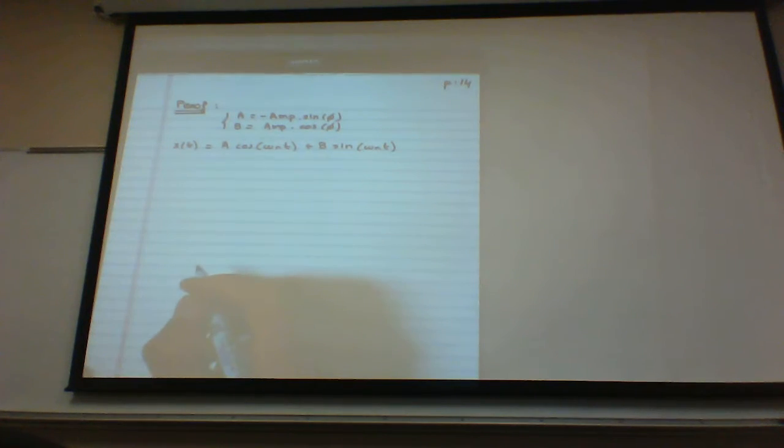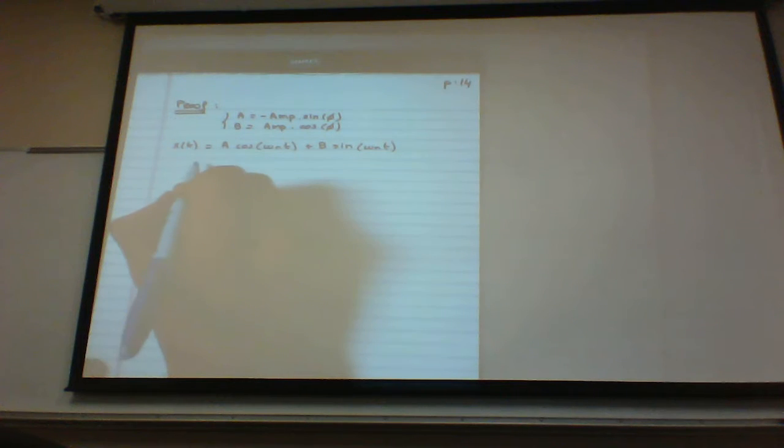What's going to happen? So what was the expression we had initially? Remember the expression was what? x of t equal to A cosine omega n t plus B sine omega n t. Okay? So this expression will become what?